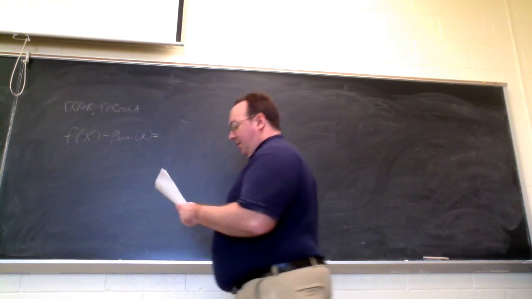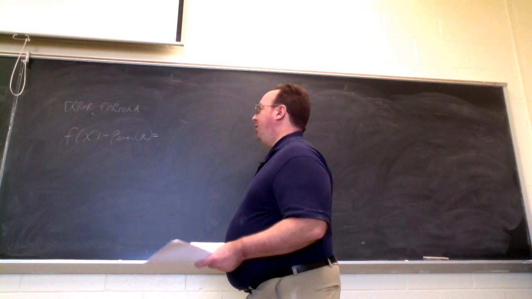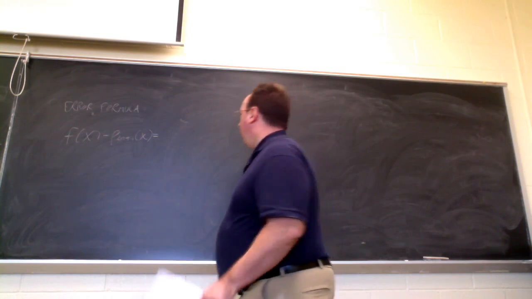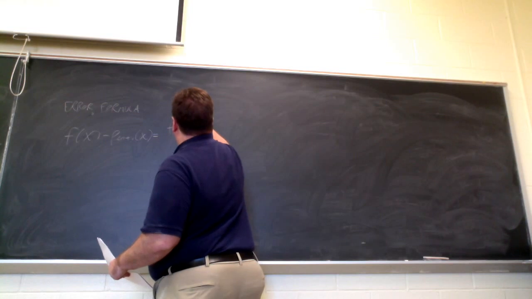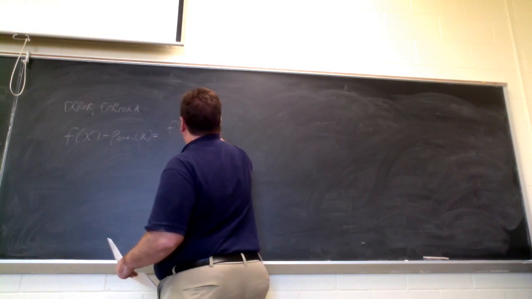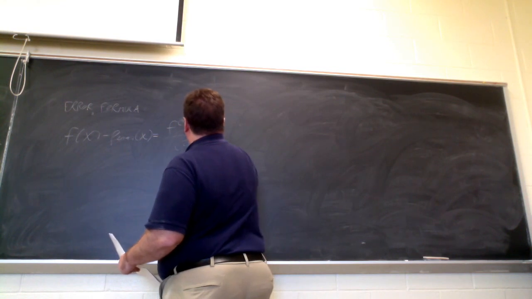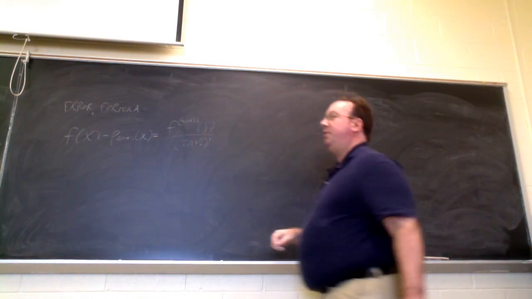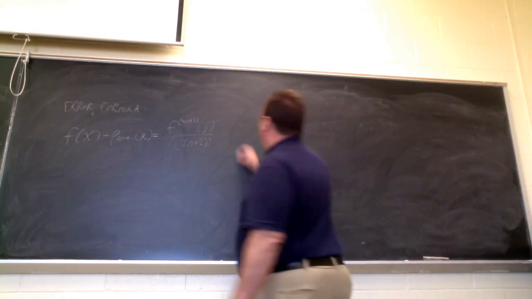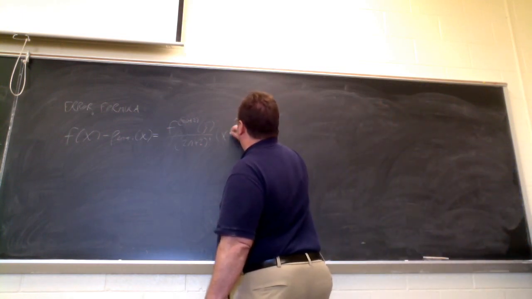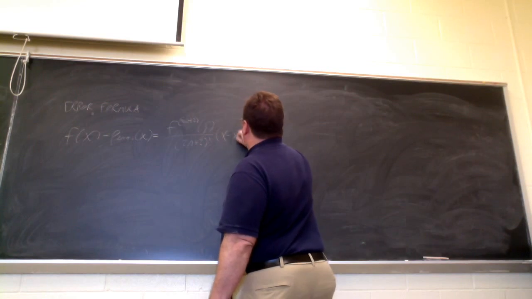Because the Hermite interpolation polynomial is of degree 2n plus 1, you're going to have the next order derivative, 2n plus 2, at an unknown point over 2n plus 2 factorial. And whereas before you had all these factors, x minus x naught, x minus x1, etc., you're going to have those again, except because each point is listed twice, they'll be squared.